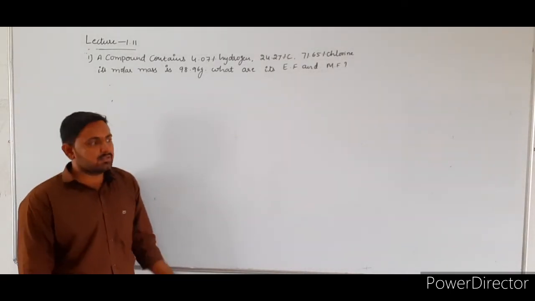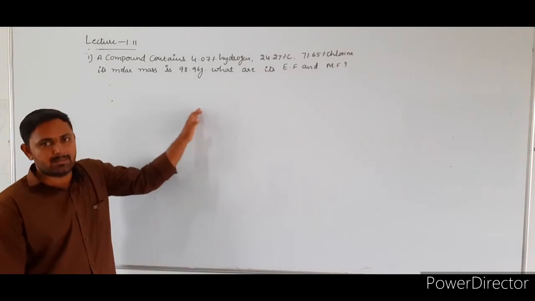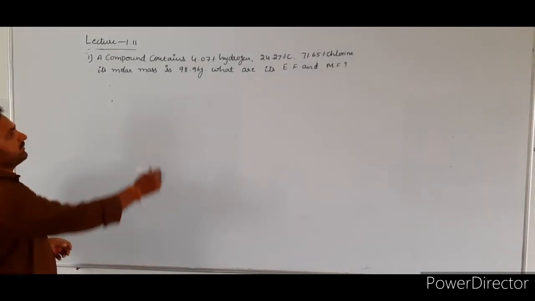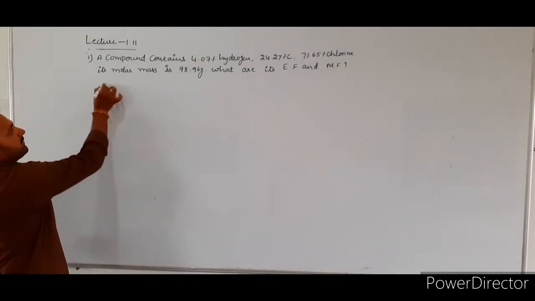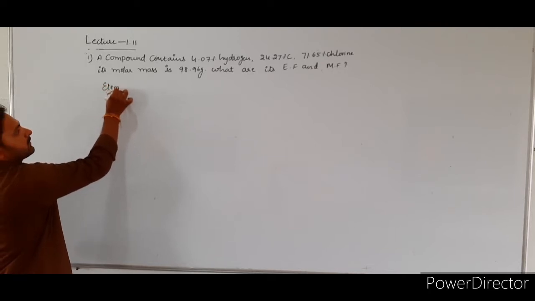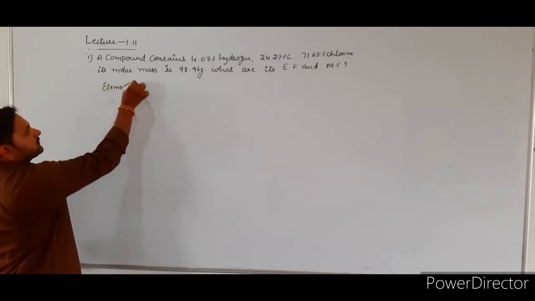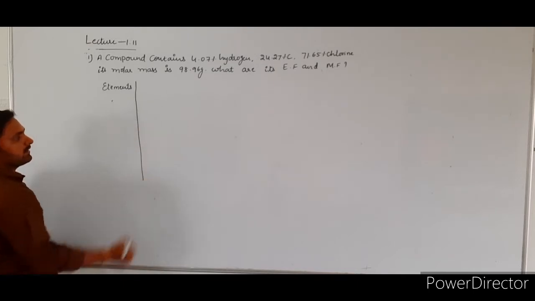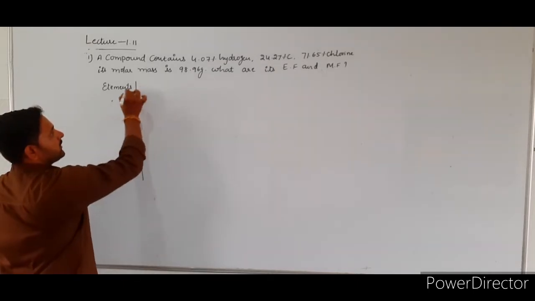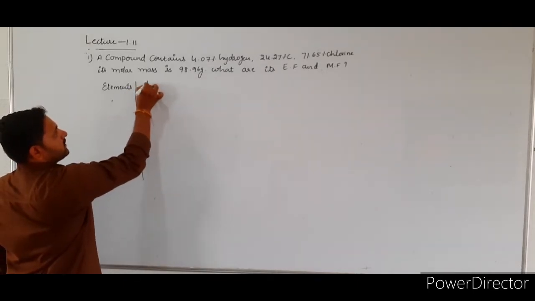To avoid confusion, I will draw a tabular column. In the first column, you write elements. In the second column, you write the percentage composition.